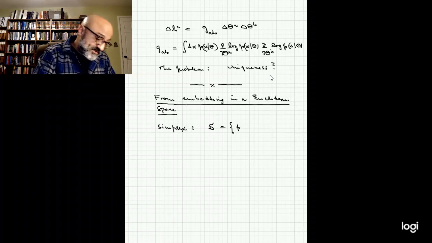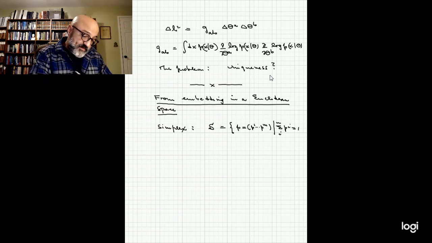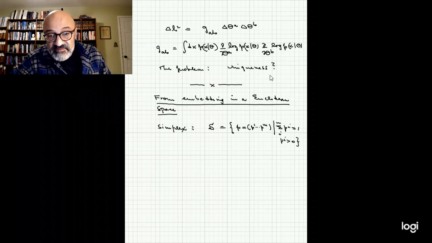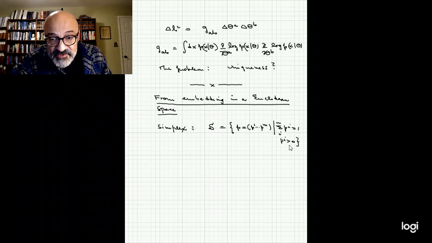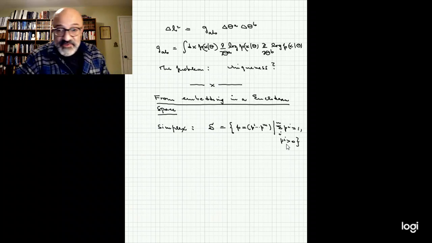The probability can be p1 through pm, such that the sum of the p's adds up to 1, and the p's are all positive. We could set them also equal to 0, but it's a little bit easier this way.